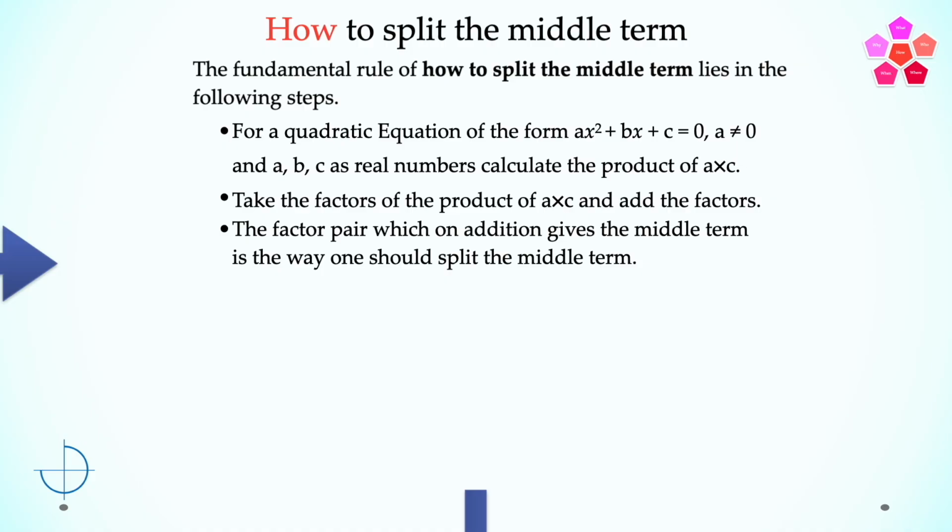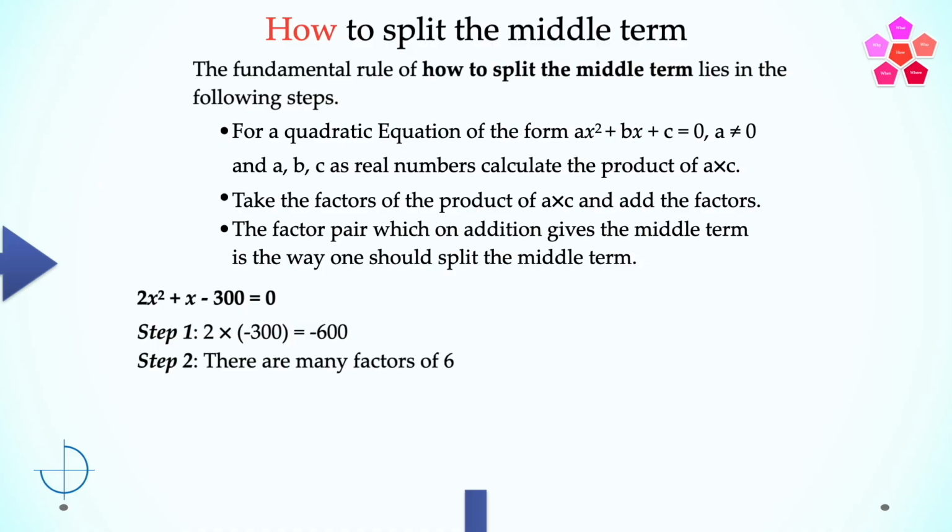Let's take an example. 2x squared plus x minus 300 is equal to 0. Step 1. 2 multiplied by minus 300 is equal to minus 600. Step 2. There are many factors of 600, but the addition of 25 and minus 24 gives us 1.